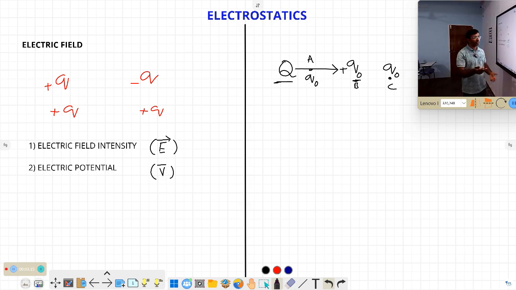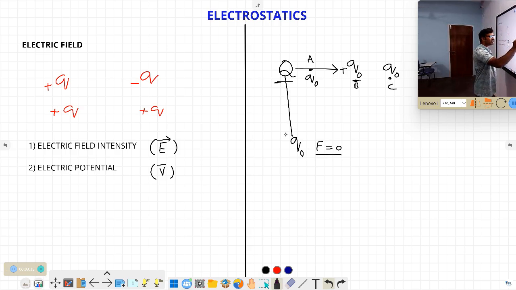If you keep the test charge around the source charge at a distance where the force acting on it is zero, then up to that distance this charge influences the other charge.